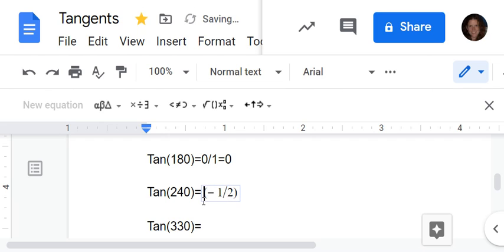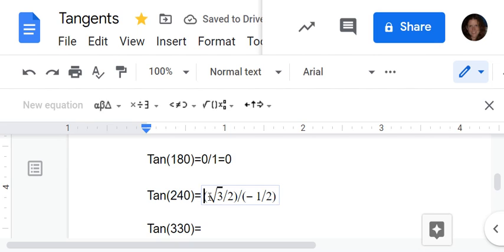We end up with negative square root 3 over 2 divided by negative 1/2. Well, that ends up giving us a positive, because a negative divided by a negative is a positive. So it ends up giving us a positive square root 3.